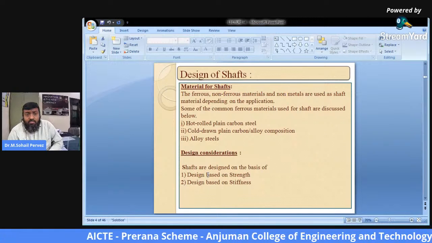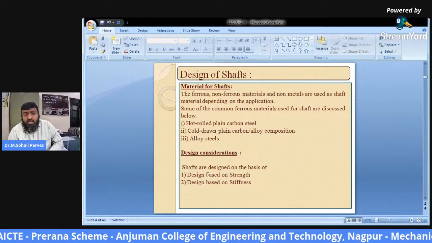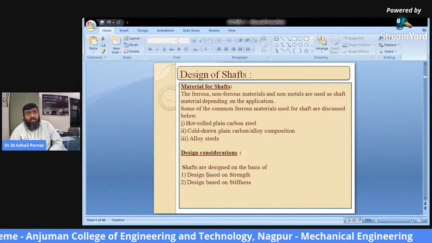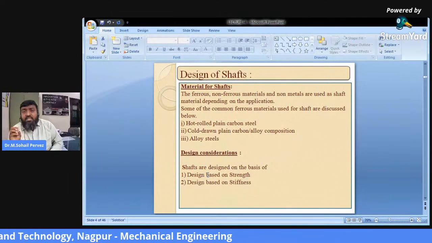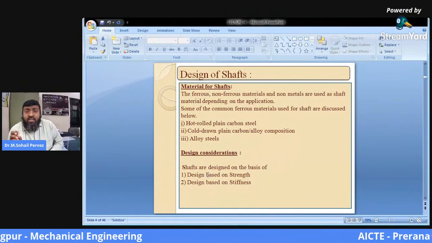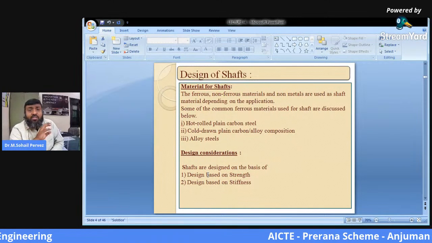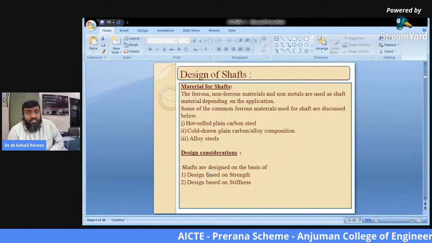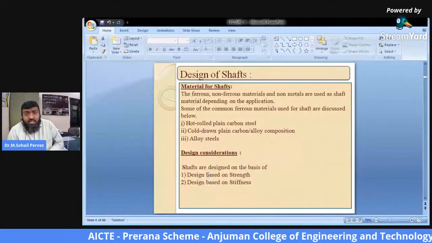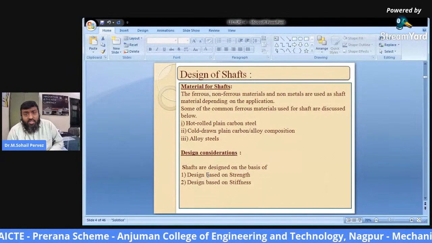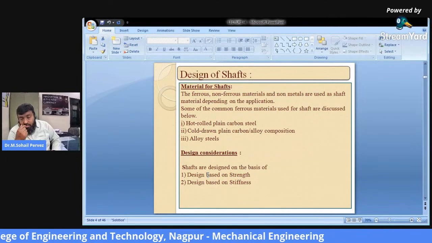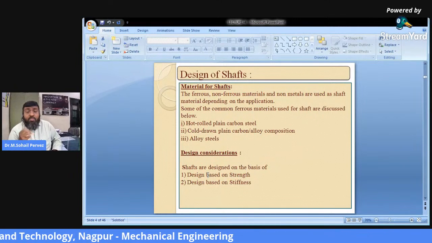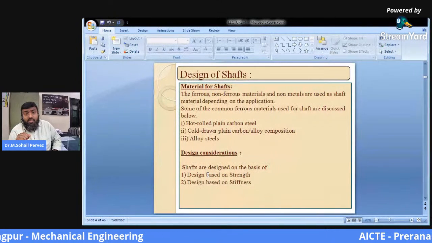Now we'll come to the design considerations. When we say we want to design the shaft, the basic question which arises is: how many different types of load will act on the shaft? This is a very important aspect. The shafts are generally subjected to only torque, or maybe only bending.